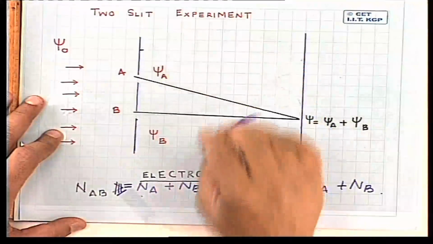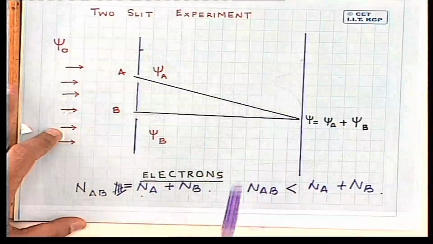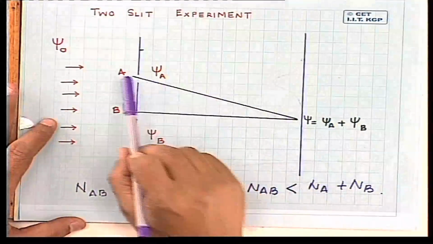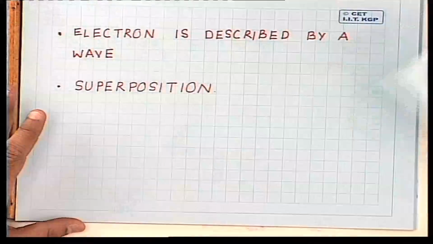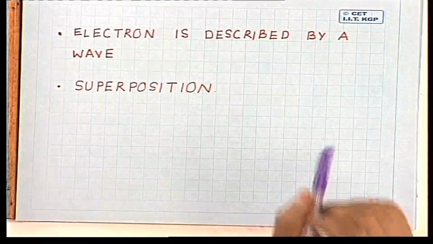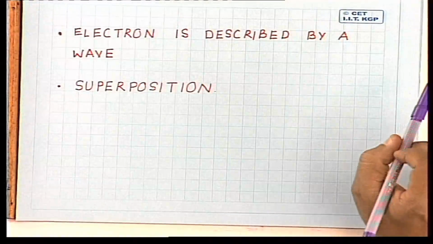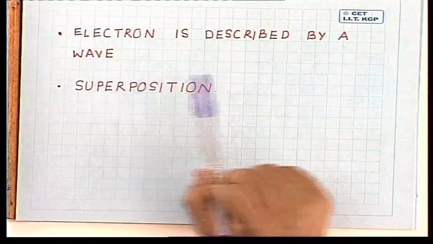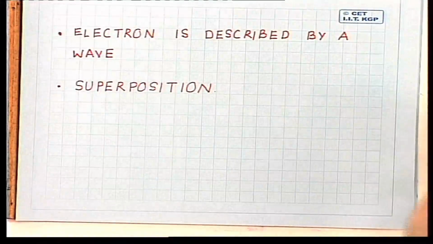But in a situation when both of these are open, we have to find the resultant by superposing these two waves, and this is another property which we have to attribute to the electron or to this whole kind of mechanics. So, the first property which we have to attribute is that the electron is described by a wave. The second property is that we can superpose such waves, and these again describe the behavior of the electron.